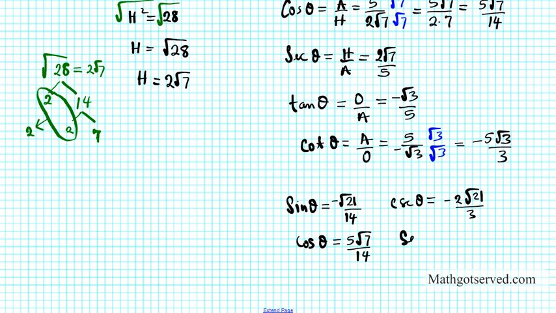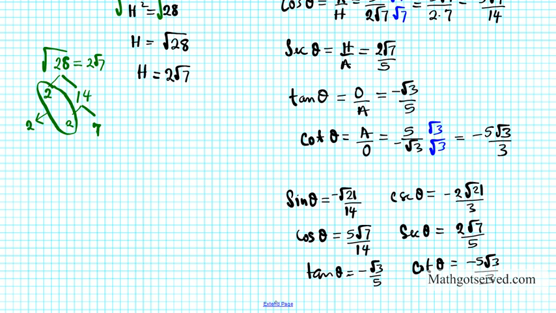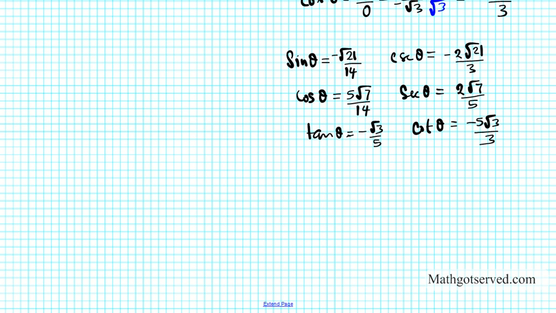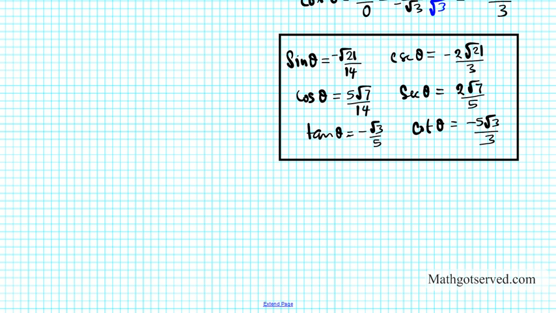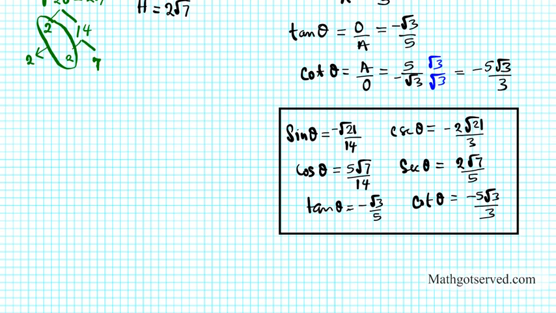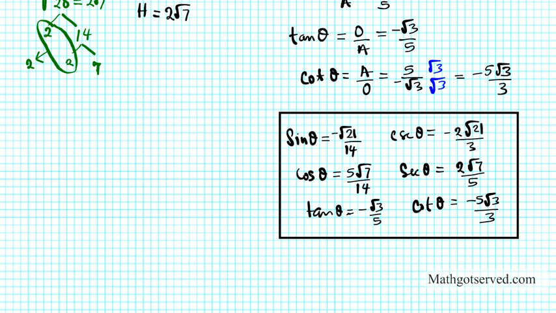And its reciprocal relative secant theta is 2 root 7 over 5. Tan theta is negative root 3 over 5. And its reciprocal relative cotangent theta is negative 5 root 3 over 3. Okay, so I'm just organizing all the answers together so that it can be easily read. So there goes your 6 trig ratios when tan theta is negative root 3 over 5 and theta is restricted to quadrant number 4. All right, so there you have it.